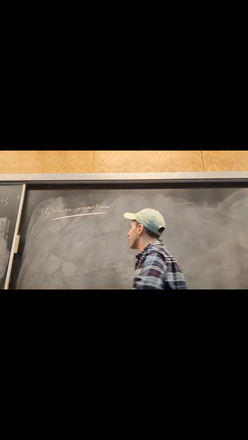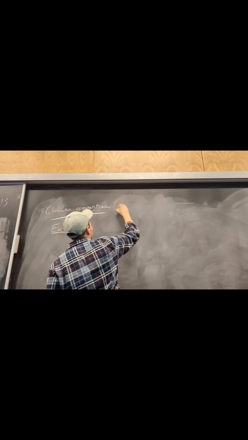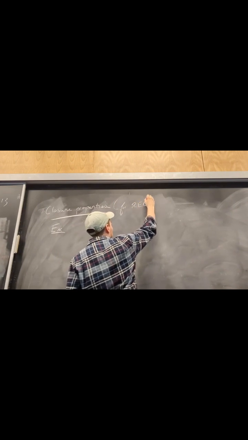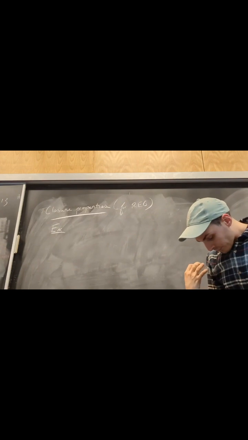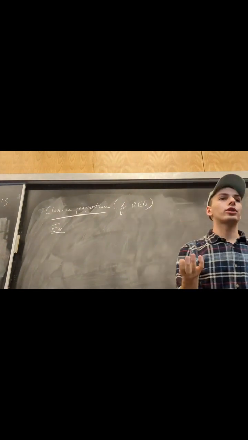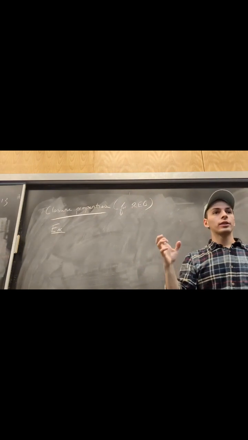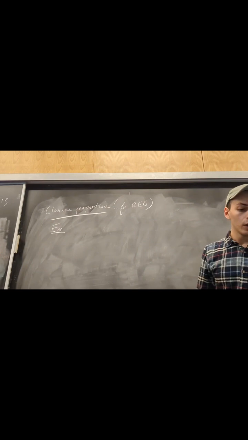What are closure properties? Closure properties, to be specific, for regular languages, are essentially set or language operations where, when you apply them to regular languages, the resulting language always remains regular. So that's a closure property.